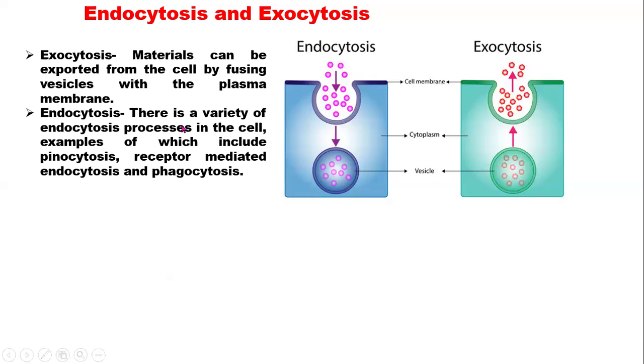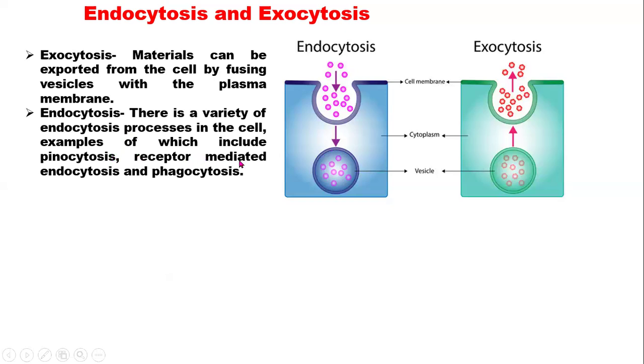So you can have endocytosis processes in the cell, an example of which is pinocytosis. When you hear pino, it involves fluid, meaning the vesicle entraps or engulfs fluid or other macromolecules that are needed inside the cell. You can say it is pinocytosis.